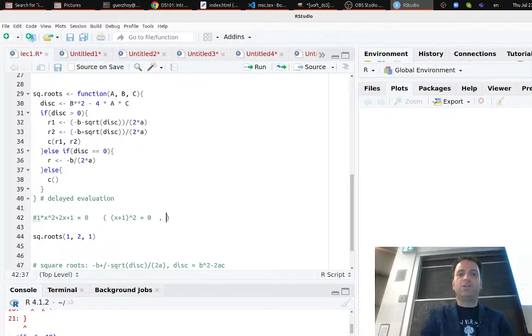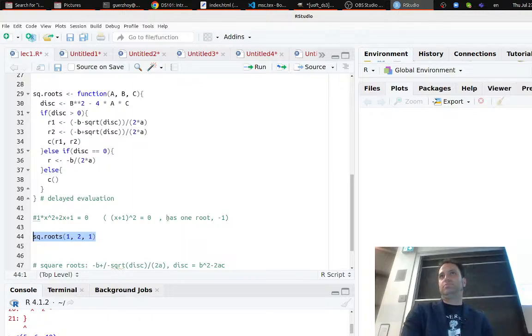That has one root, which is minus 1. So the output that I expect here is minus 1. Make sense?